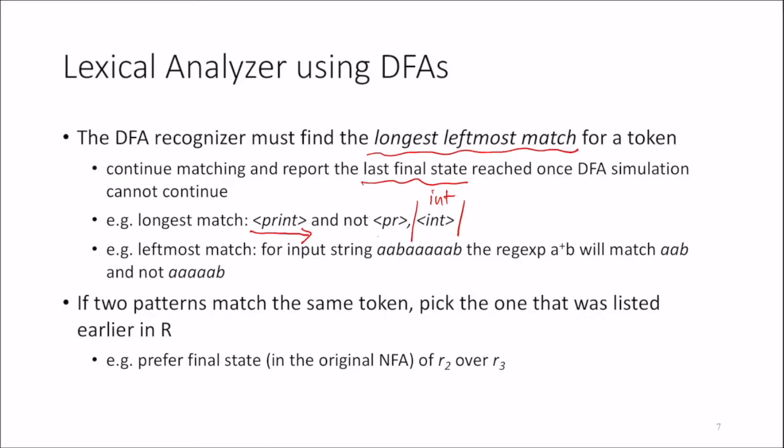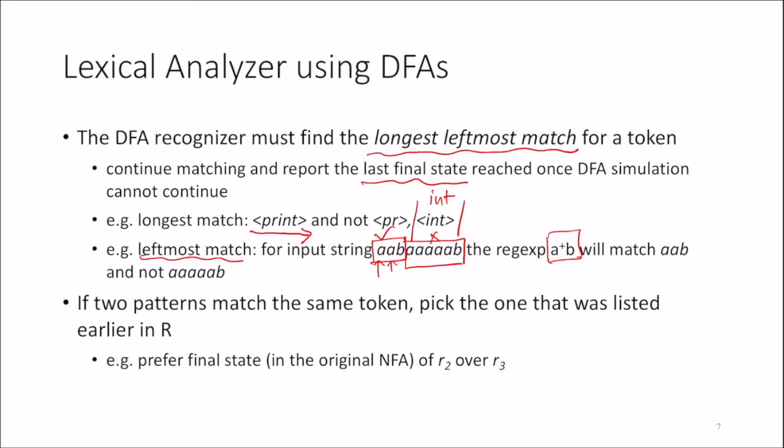The leftmost match means that we're always going from left to right, right? So we start from here and we go one symbol at a time. If I have a regular expression like a plus b, even though this is a longer match for a plus b, that doesn't matter, because what we want is the longest match starting from the leftmost symbol. So what it will return is this one and not this one, obviously.